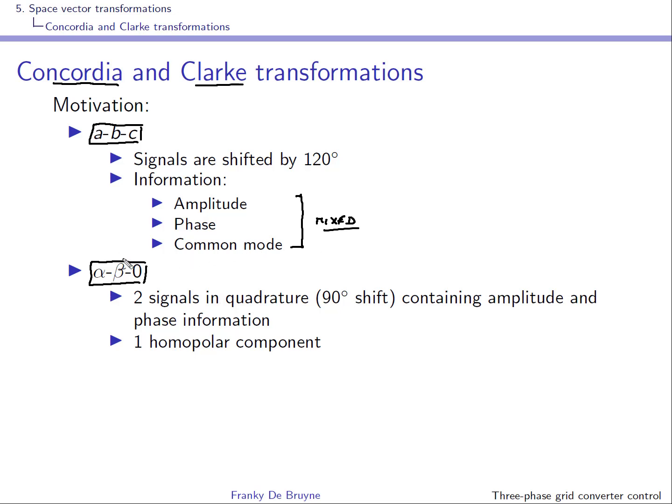The two first signals over here are two signals that are in quadrature. This means that they are shifted by 90 degrees, and these signals will contain information about the amplitude and the phase, and this third component will be the homopolar component, which is the sum of all the three phases.